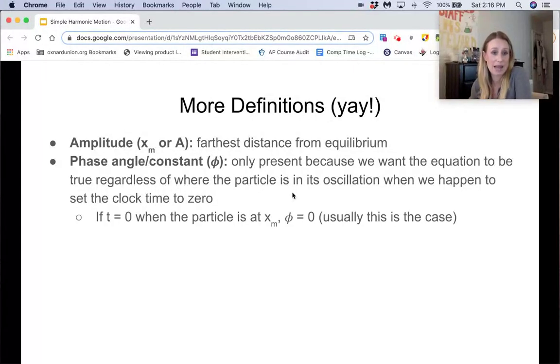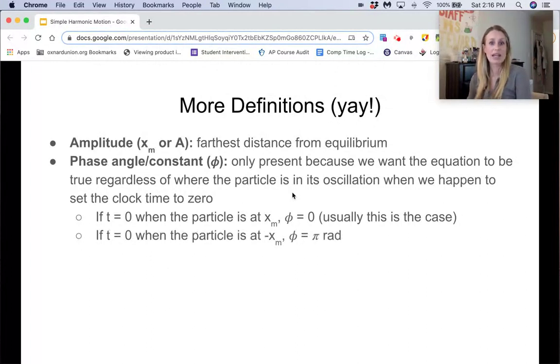So for example, if time is equal to 0 when the particle is at the x maximum, or our amplitude position, our phase constant is 0. And like I said, this is usually the case. Now, instead, if say time equals 0 when the particle is at a negative x maximum, then our phase constant would be pi radians.